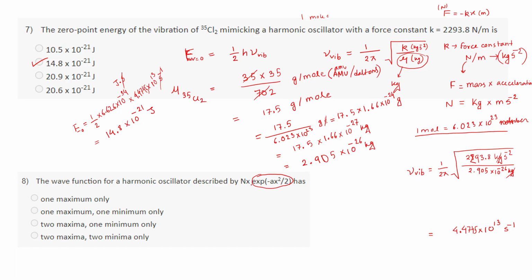Now when you multiply with the x, what does the Gaussian distribution actually look like? It falls off very quickly on both sides. Now I think N into x, N is the normalization constant, and for a harmonic oscillator you get something in terms of x or xi, that is the Hermite polynomial.